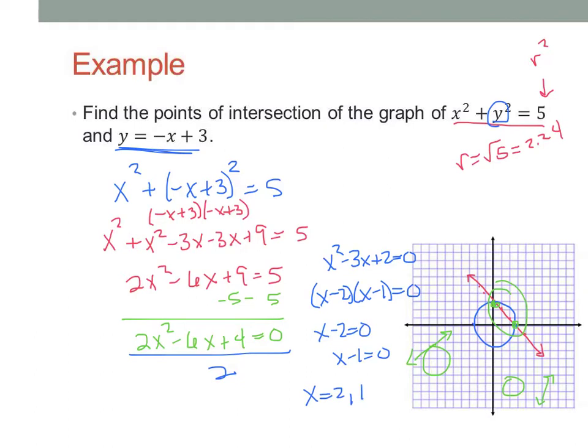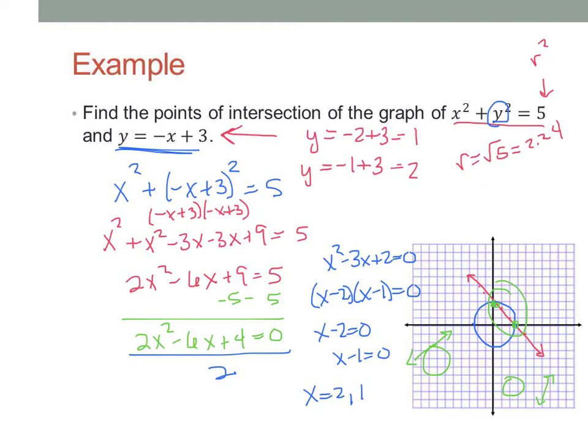So those are my x's. I now need the y's that are associated with those. So if I come back up here to my y equals equation, y equals negative 2 plus 3, so that is y equals 1, and y equals negative 1 plus 3, which is y equals 2. Okay, so what does this give us?